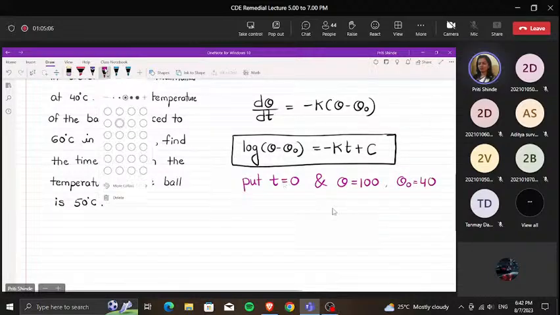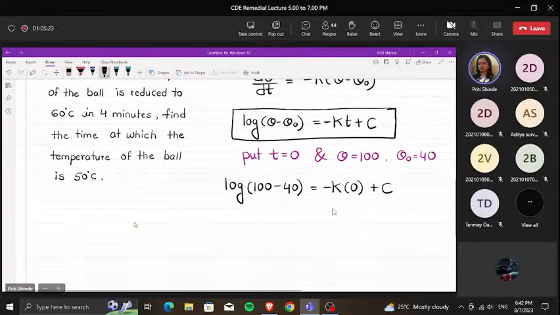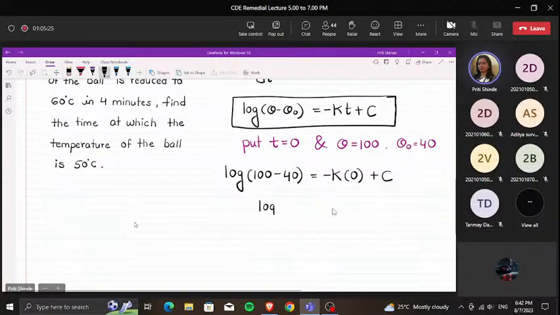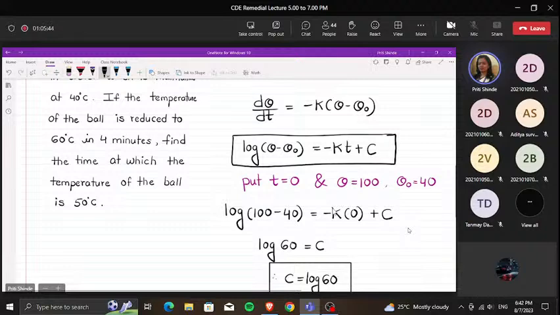So log of (100 minus 40), k is not given, t is 0, and c. Using the first condition, 100 minus 40 is 60, k into 0 is 0, so my c is log 60. Using the initial temperature and initial time, we get the value of c.